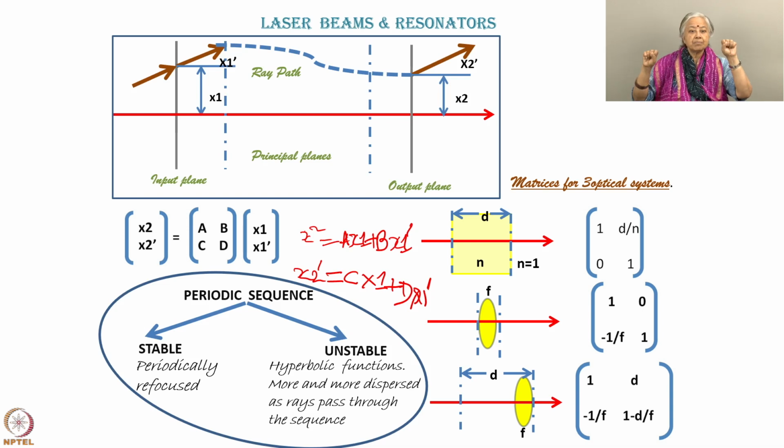Your input beam could have been a very tiny beam, tiny in diameter, and the output is very large and it just crosses the maximum diameter of all these elements. So, that is not what we want. We would like a system which is stable. So, let us see what we can do to make it stable.